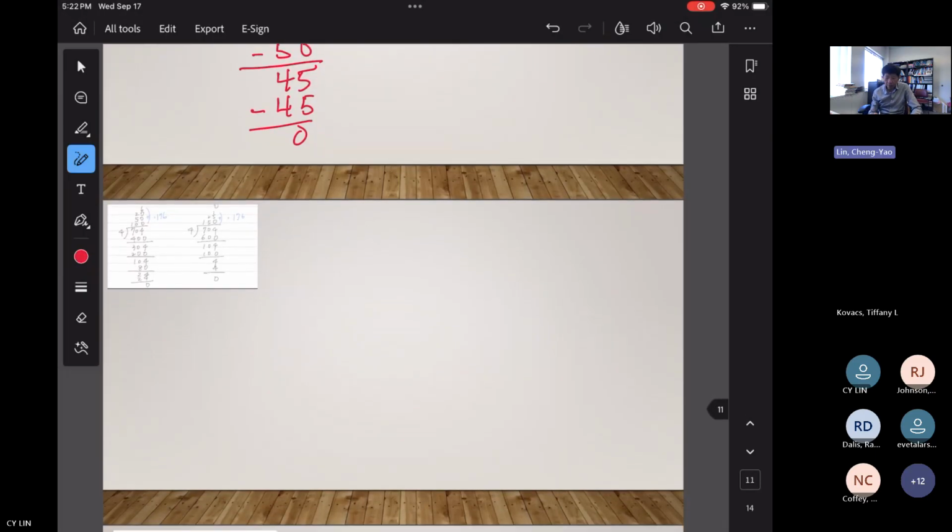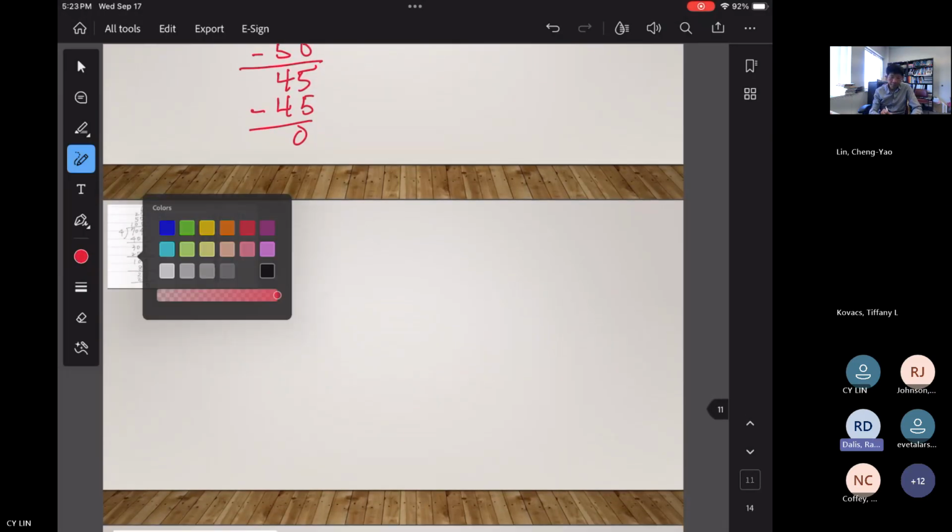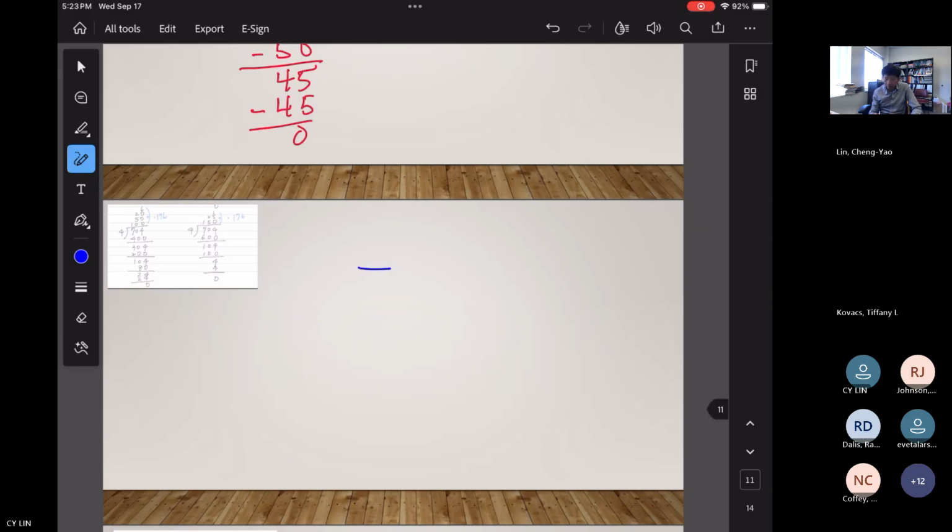Can you try another problem? 704 divided by 4.